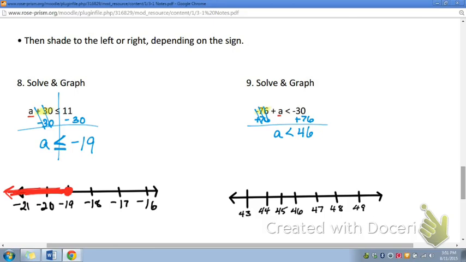So, again, this is a less than now, so it's going to be an open circle on 46 and graphed left, or all the smaller numbers, all the less than numbers. All right, so there you have it. There is your solving equations and inequalities using adding and subtracting, along with graphing of the inequalities. Good luck on your practice problems.